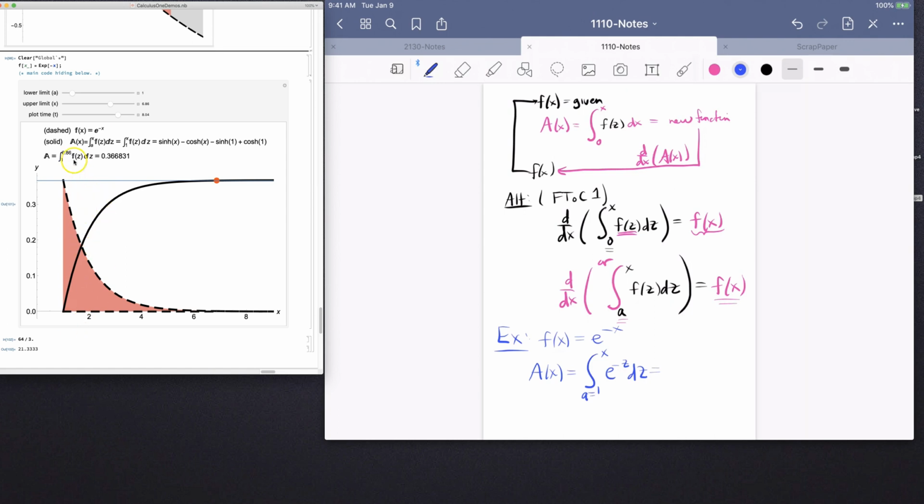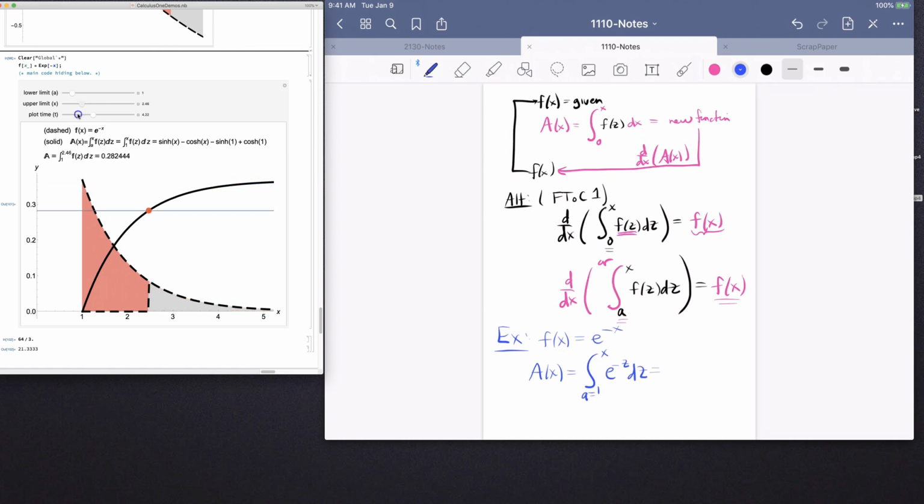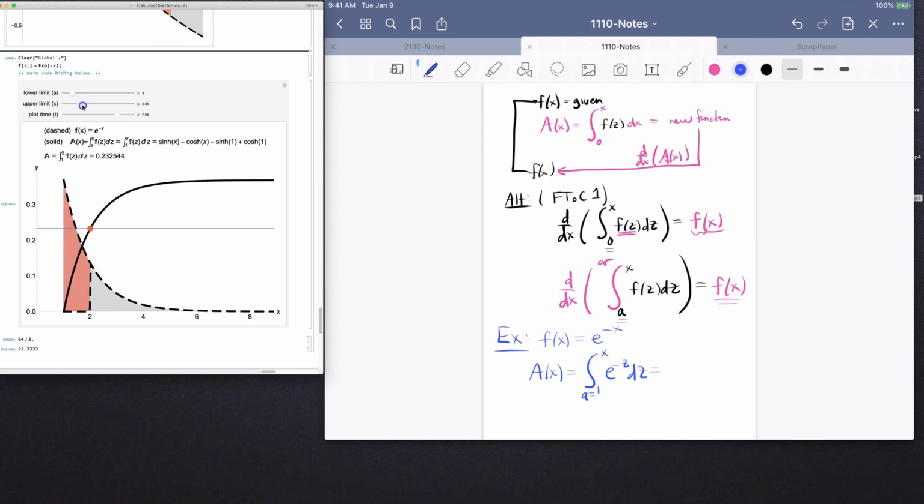Okay, so we're finding the area from 1 up to some number x, and that value of x can change. Let's see what happens as x gets bigger and bigger and bigger. What do we think is going to happen? Does this thing level out? It does in fact level out, but we need to figure out what that number is.